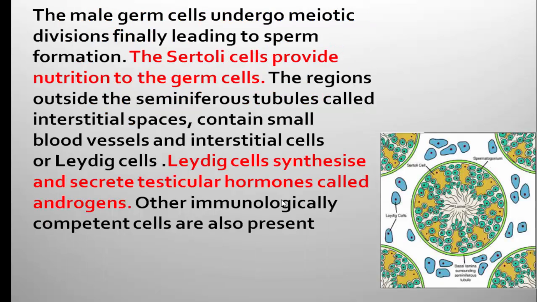So here is the diagram, the transverse section, where you can see all the cells. This one represents one seminiferous tubule.